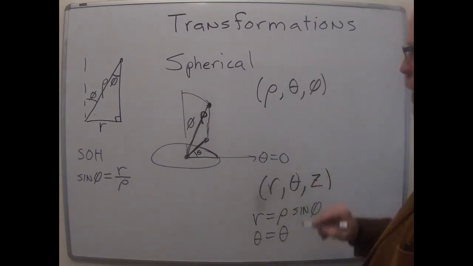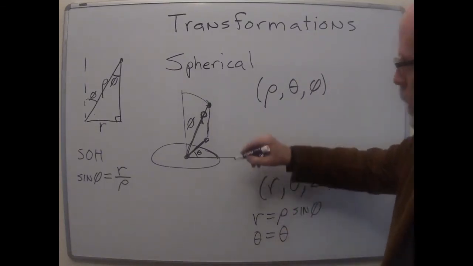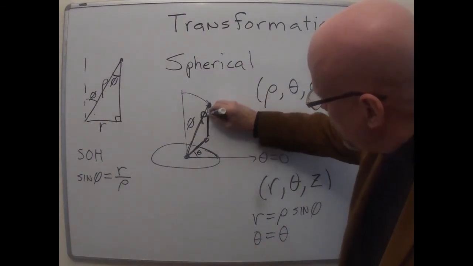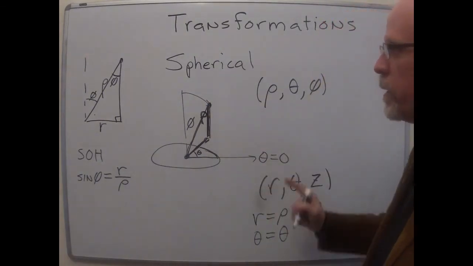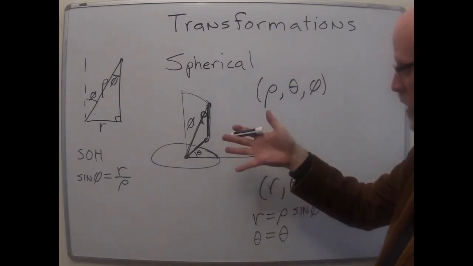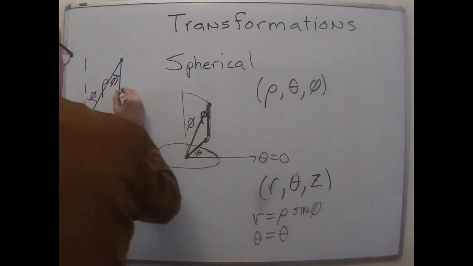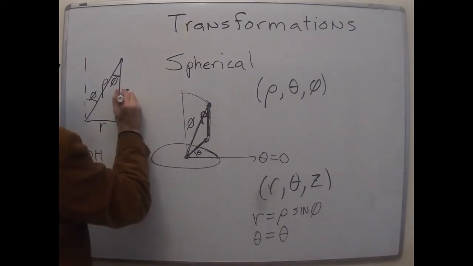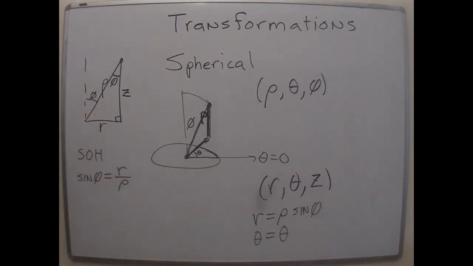And what are we going to do with z? Well, on my little picture here, z is this length. And on that triangle over there, when I brought this thing around so that we can see it square on, it's this length. So how do you get this z in terms of rho and the angle? z is the side adjacent to the angle now. So z is rho times the cosine of phi.